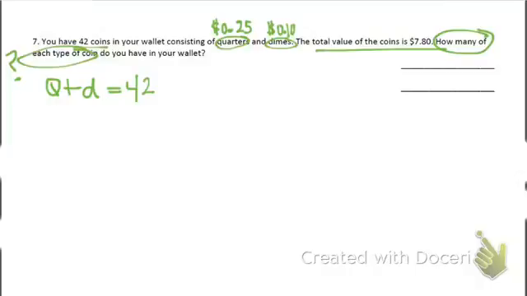The second sentence tells me about the total value of the coins. How can I calculate the value of the quarters? I multiply the worth of the quarter times how many I have. So that's going to be 0.25 Q plus, how do I calculate the value of the dimes? 0.10 D, and that should add up to how much? 7.80.